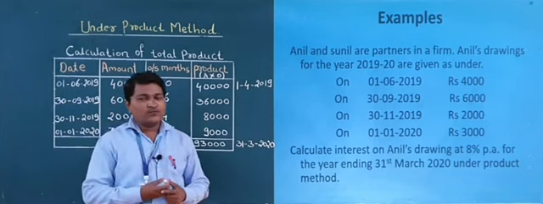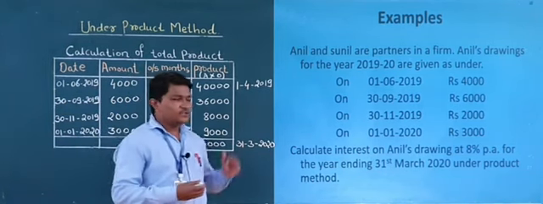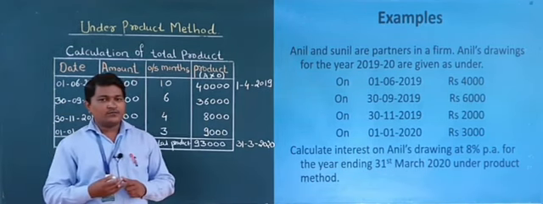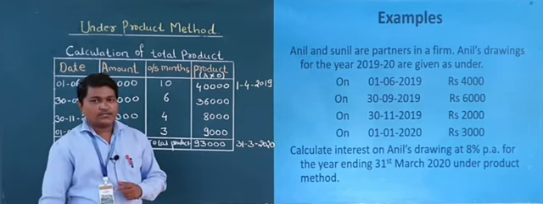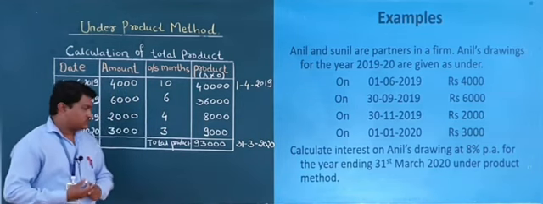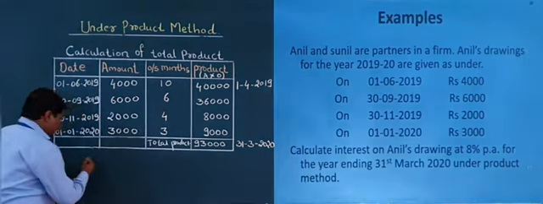Now give me the formula for interest on drawing under product method, as you already noted down. Yes, you noted that down. Please give me the formula, how to calculate interest on drawing.